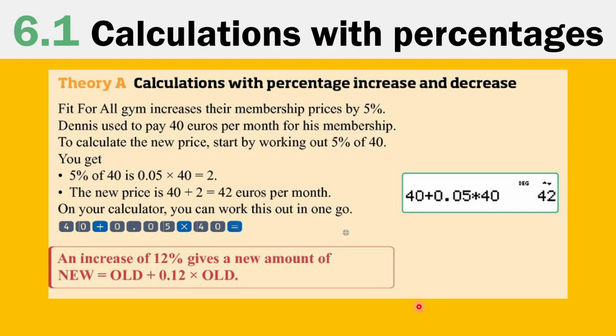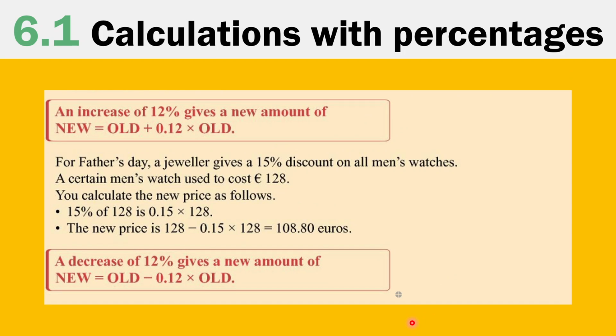Right? Before I do a question, by the way, you can do the same thing with decreases. So let's say you have a discount of 15% on watches and the watch used to cost 128 euros. What you now will do is calculate 15% of 128.